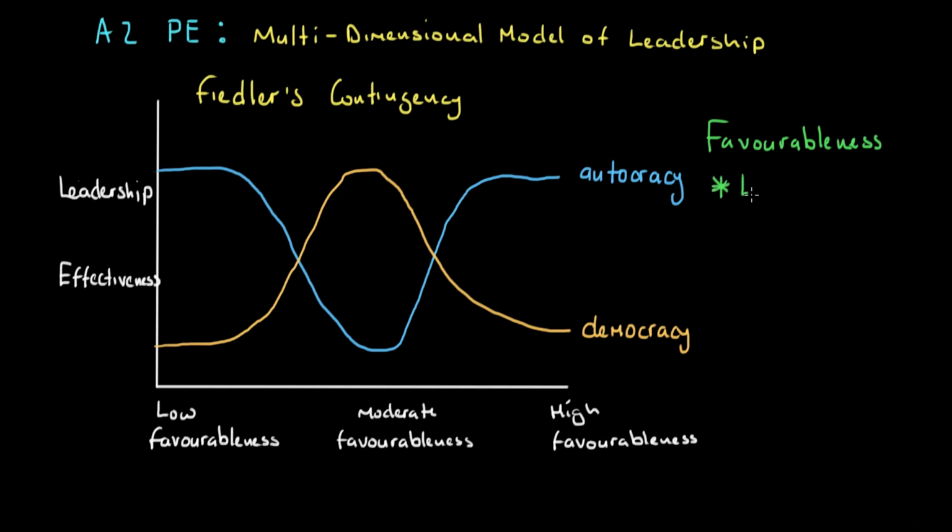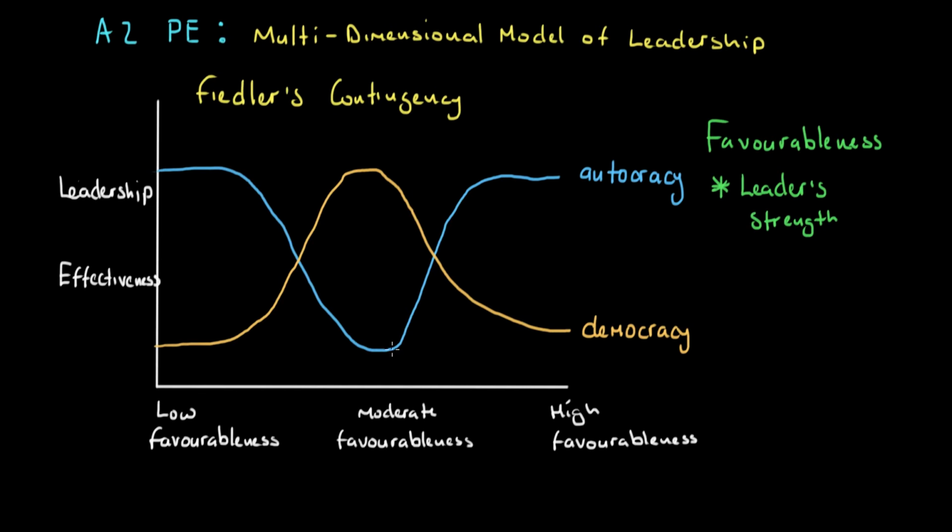The first is the leader's strength. And when I say strength, I don't mean the strength of their character or the strength of their arms. I mean the strength of their position. Are they in a very fixed, strong position within their role? If that's a highly favourable situation, such as they're really fixed and very well respected, then autocracy, according to Fiedler at least, is going to work better.